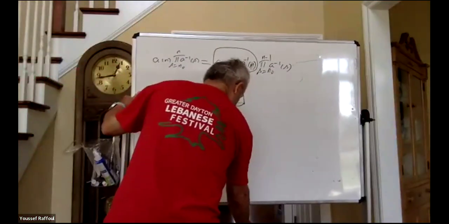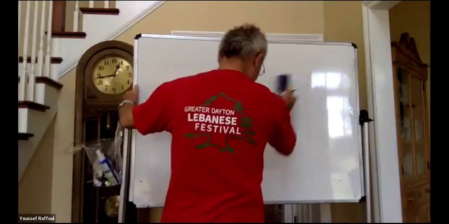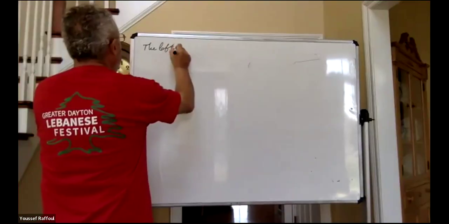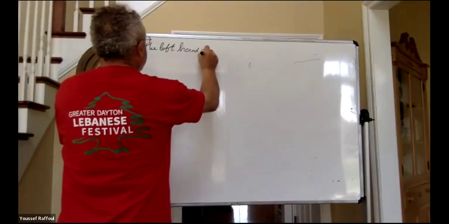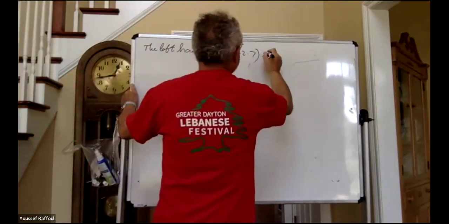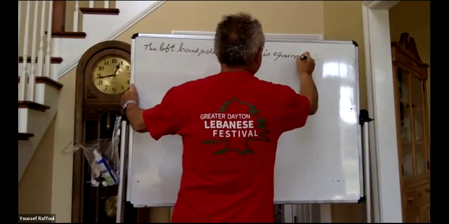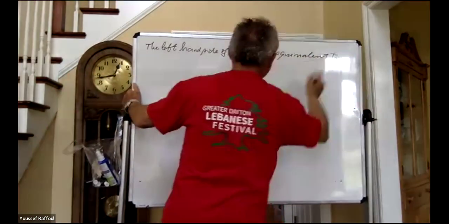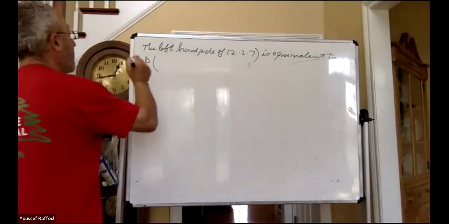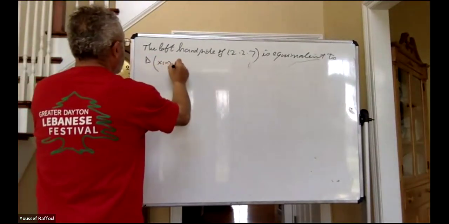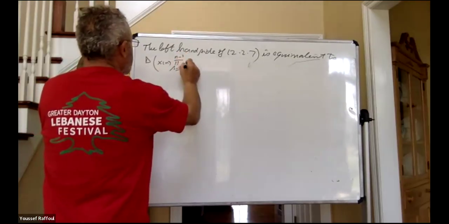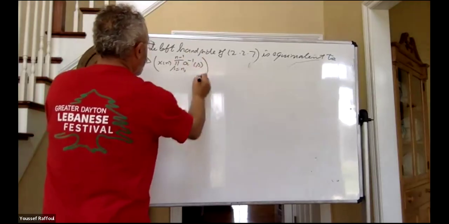All right, so the left hand side of 2.2.7 is equivalent to the difference operator of x_n times the product from s equals n0 to n minus 1 of a inverse of s.